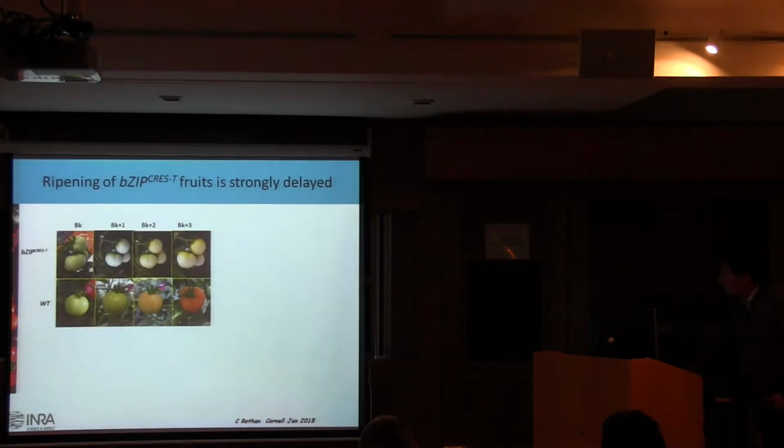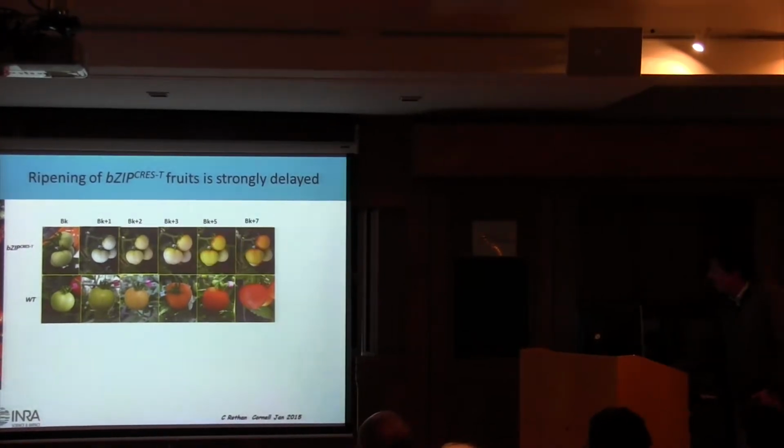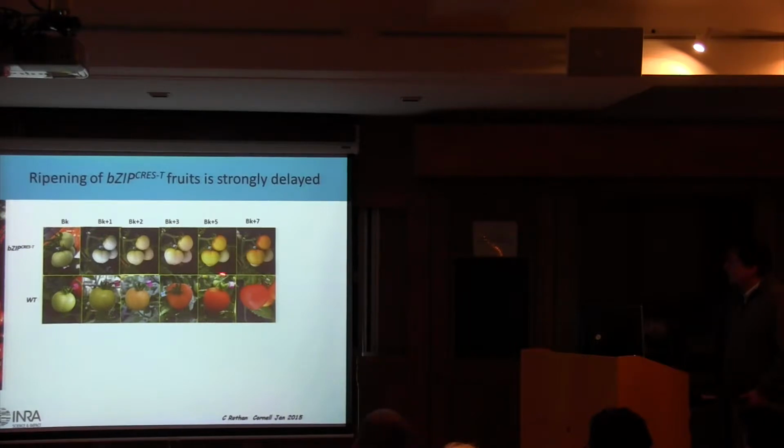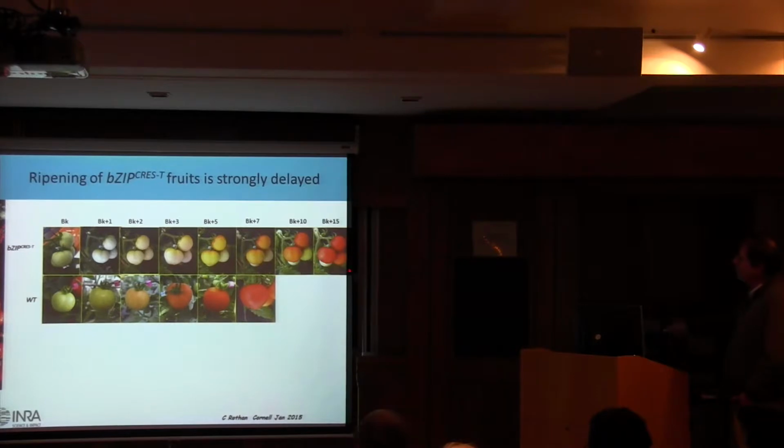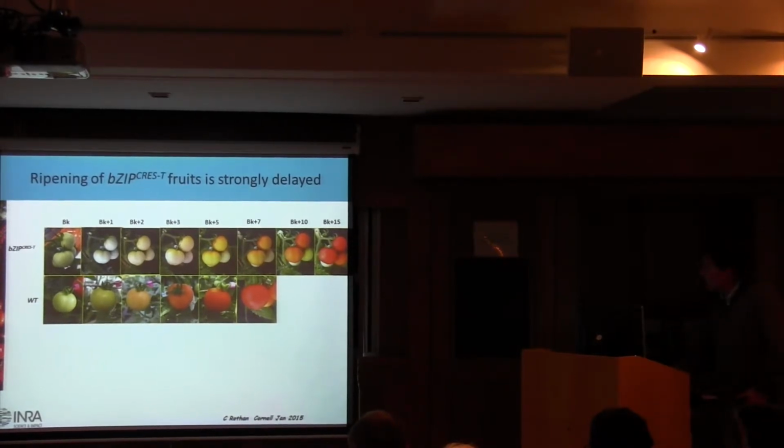So we have been looking at that in detail. You can see the differences between the transgenic line and wild type. You can clearly see that at breaker onset of ripening plus 7 days, it is already ripe in wild type. In the transgenic line you have ripe fruit only 15 days after the breaker stage.